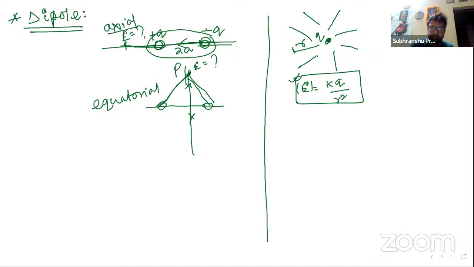This question comes many times in the exam. Again and again I'm saying, this dipole case. If you look at your previous 5-10 years of board question papers, there will be a question from the dipole every year, either derivation or numerical, and most of the time the derivation comes.